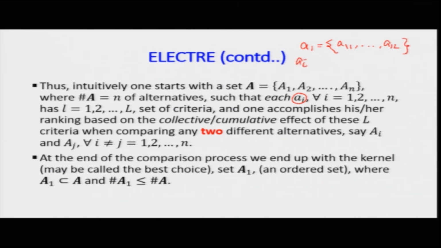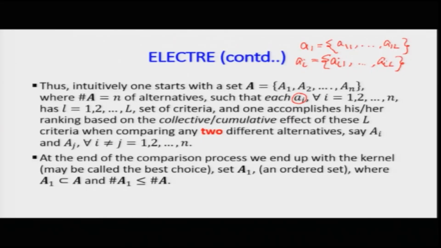Similarly, Ai would be Ai1 till AiL, and you can formulate it accordingly, such that each Ai, i equal to 1 to n, has small l, the nomenclature being from 1 to capital L, the number of criteria. The decision maker accomplishes his or her ranking based on the collective, the cumulative effect of all these different criteria on the ith alternative. We will combine them, find out the collective effect, and take the decision.